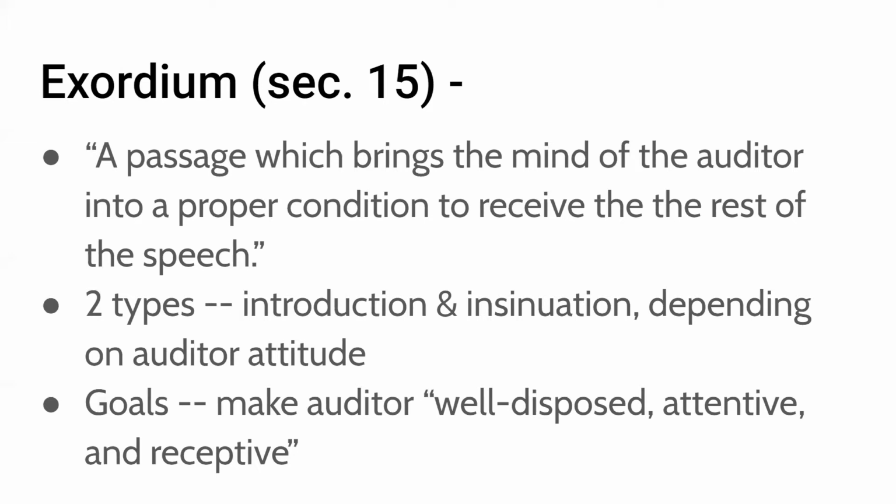So an exordium is a passage which brings the mind of the auditor into a proper condition to receive the rest of the speech. So the entire discussion of exordium really is about how you adapt, how you think about that. You think about what the audience is thinking about, and then you figure out a way to put that audience into the proper condition.